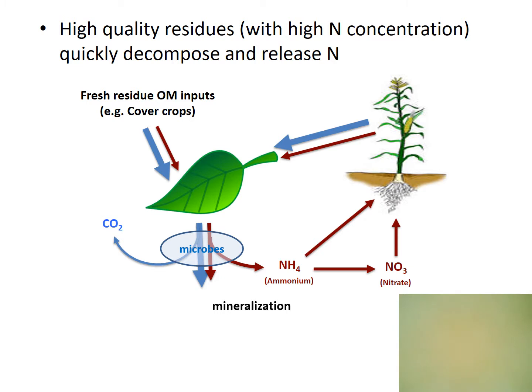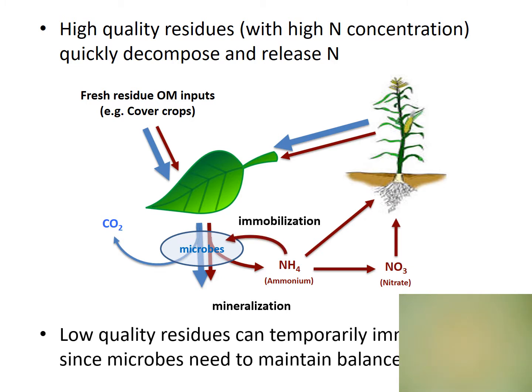And so they're able to balance the carbon and nitrogen ratio in their cells by blowing some of that carbon off as CO2, so they get rid of carbon, but they can also do it by taking nitrogen back out of the soil, available nitrogen that the plant could use, and immobilizing it temporarily while they continue to decay things.